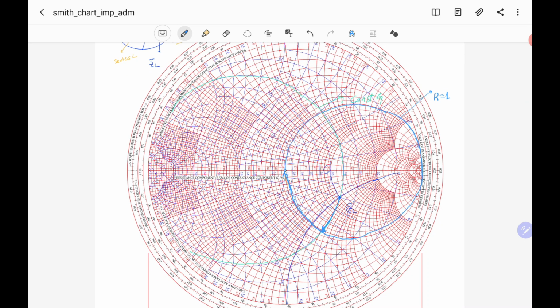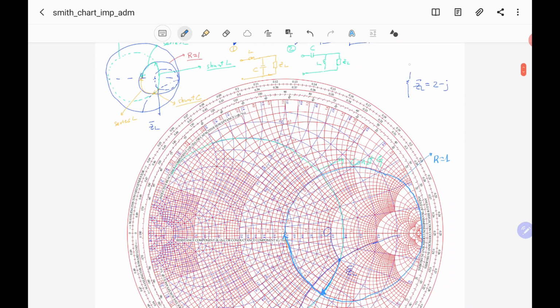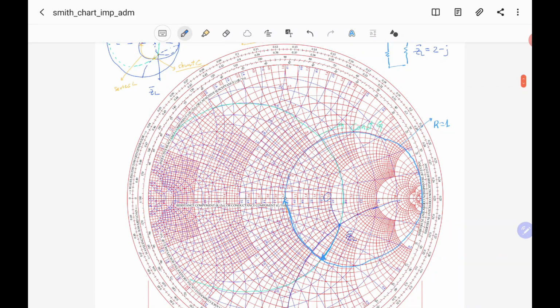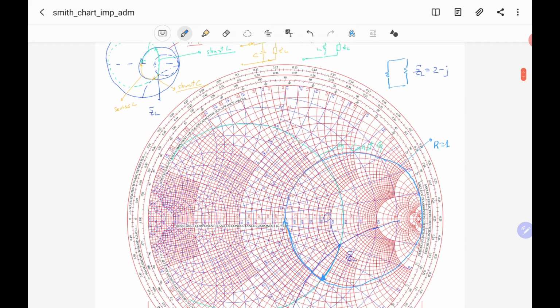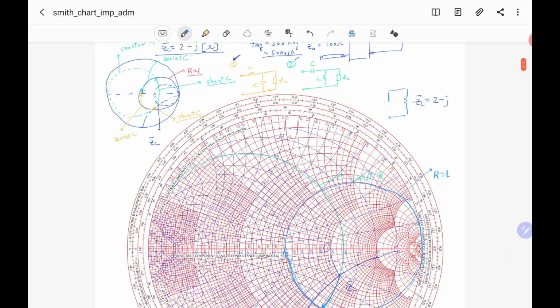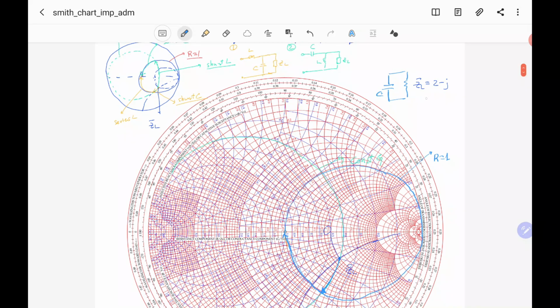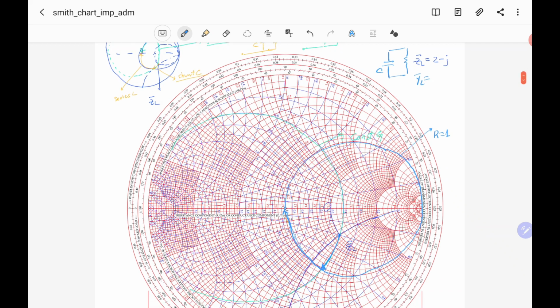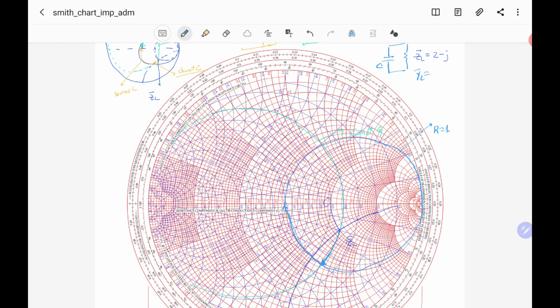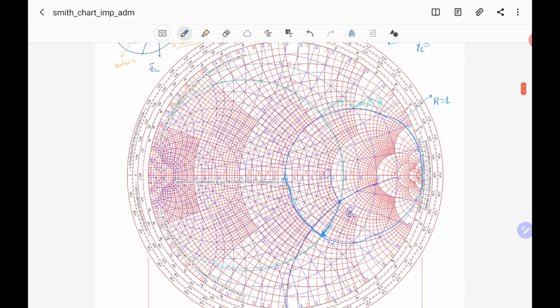What you need to do, from this ZL, is start from shunt C. We need to know the position over here to understand the admittance, the susceptance value required from the C. If we convert this ZL to YL, let's read this value on the admittance scale.